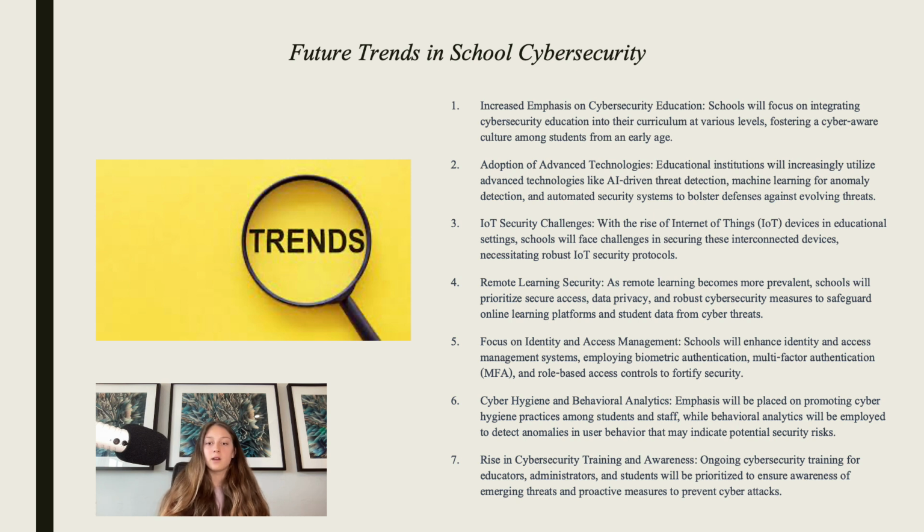In this slide, I will be talking about future trends in school cybersecurity. For me, the two trends that I think schools, universities, and educational institutes should be focusing on, the first is adoption of advanced technologies, which is AI.